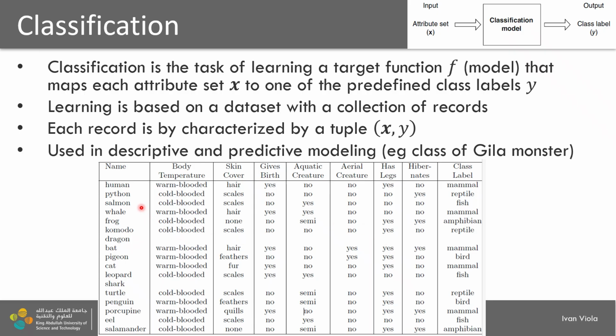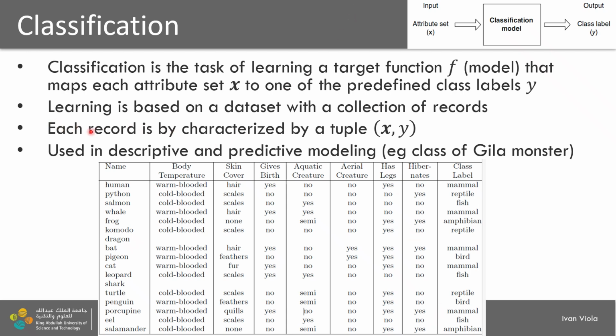And all these attributes can be used to predict whether a particular new animal is a mammal, a bird, a fish, a reptile, or an amphibian.